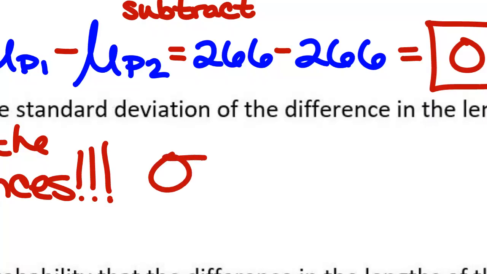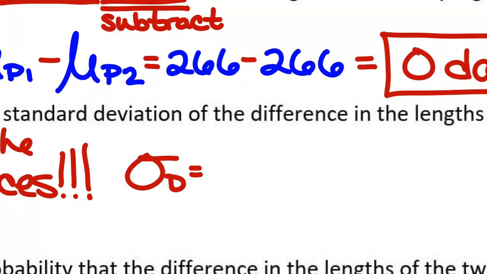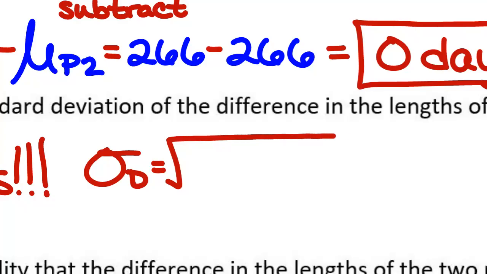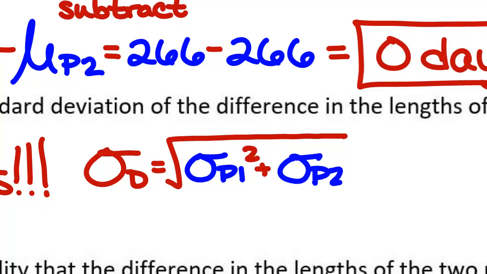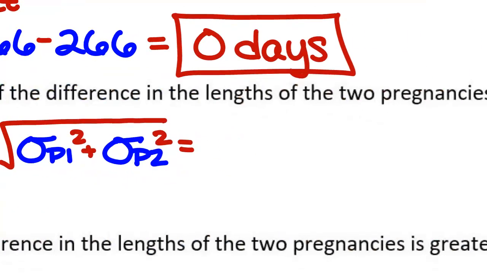So the standard deviation for the difference is equal to the square root of the standard deviation for pregnancy 1 squared plus the standard deviation for pregnancy 2 squared. So we have the square root of 16 squared plus 16 squared.